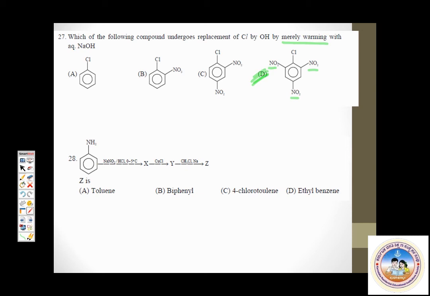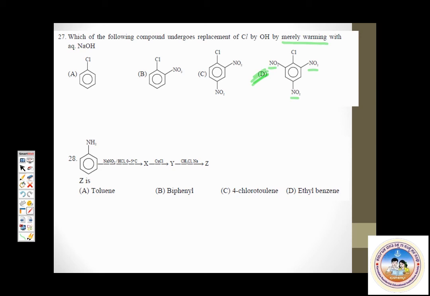Now let us come to question number 28. Here again, you have a question based on a sequence of reactions. I told you, right? You get a lot of such questions in entrance exams where you are given a series of equations and you have to find out the final product. Here you have to find out what Z is. So let's work out the products one by one.